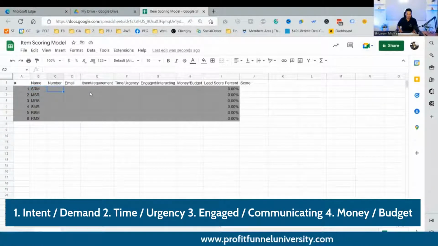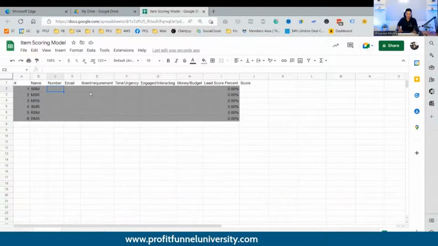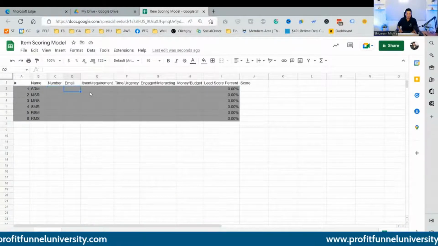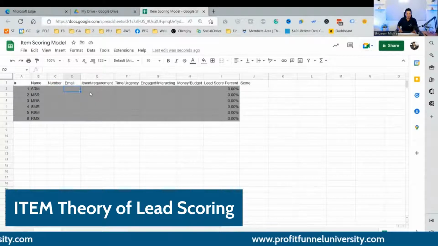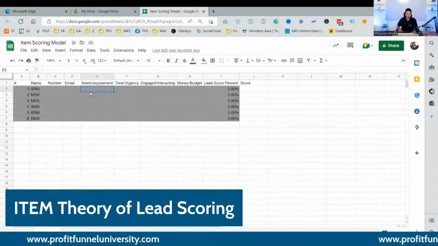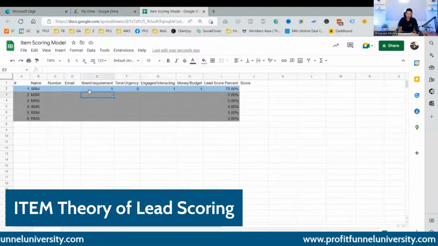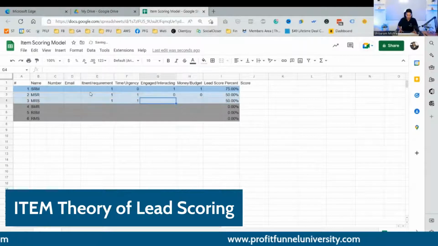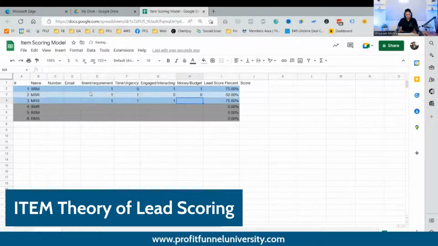Now MRS has a requirement, has an urgency, is replying, but doesn't have budget. That is also 75%. SMR has intent, has urgency, is replying, has budget. So that is your ideal or dream customer, basically.